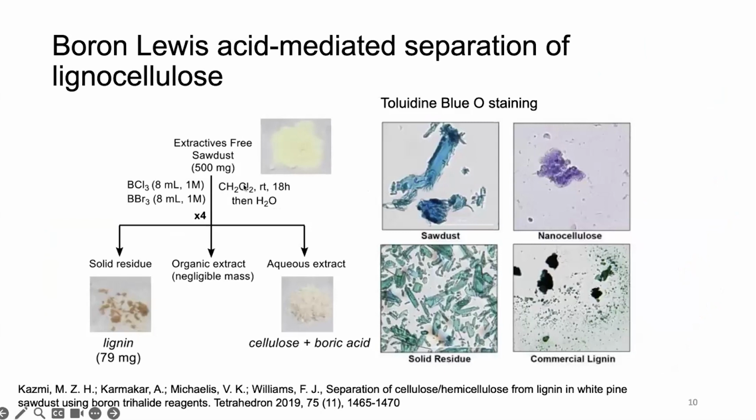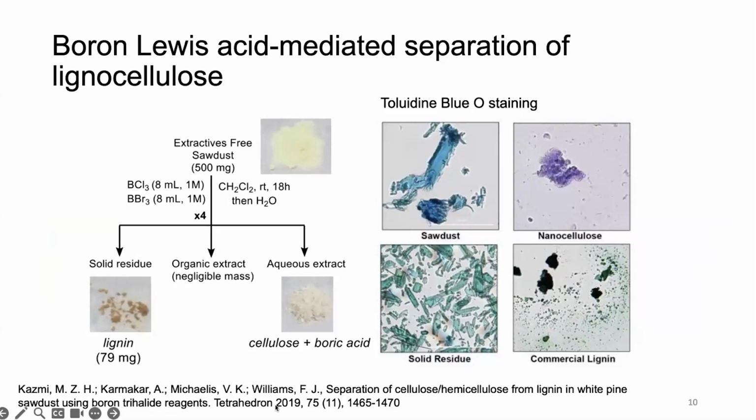This is the protocol: we have the sawdust and we treat it with equimolar amounts of BBr3 and BCl3 four times. At the end, we get lignin as the solid residue, and Theodora is currently doing experiments on that part. She also gets cellulose and boric acid in the aqueous extract.